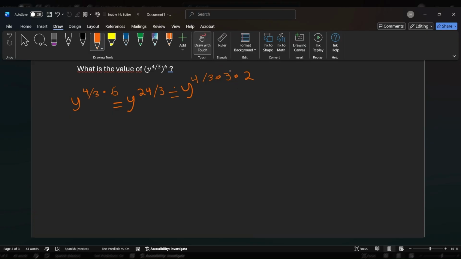Why? Because 3 times 2 equals 6, so we have to cancel this thing right here, and also cancel this thing right here. Okay, there you go, and that should give you y to the 8, and there you go, you have your result now, y to the 8.